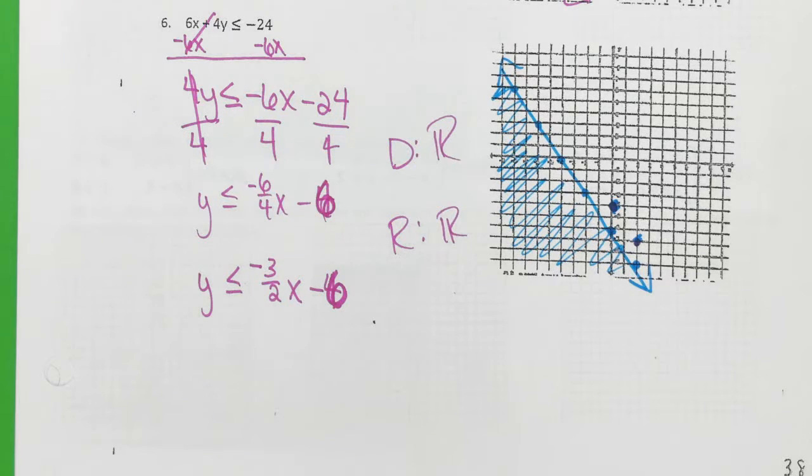Alright, and then I have 1, 2, 3 of them without names on them.